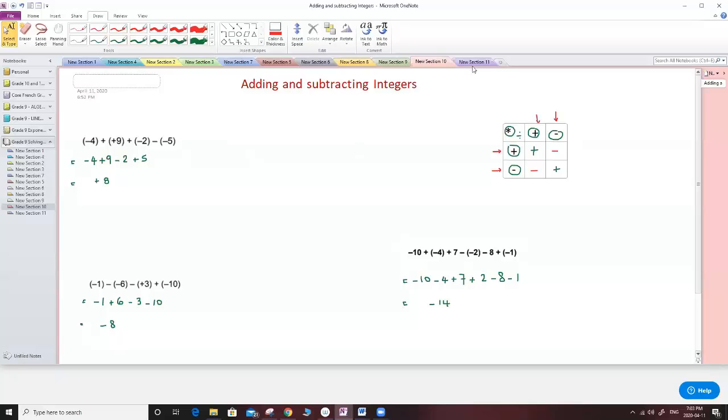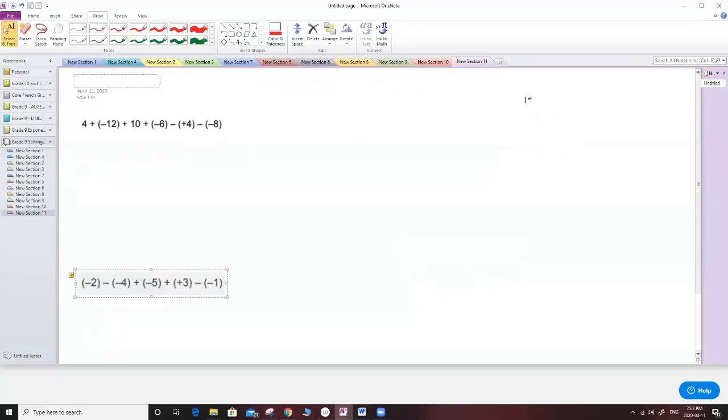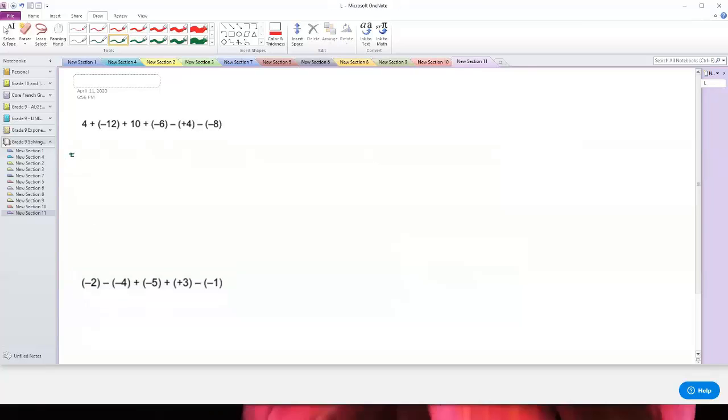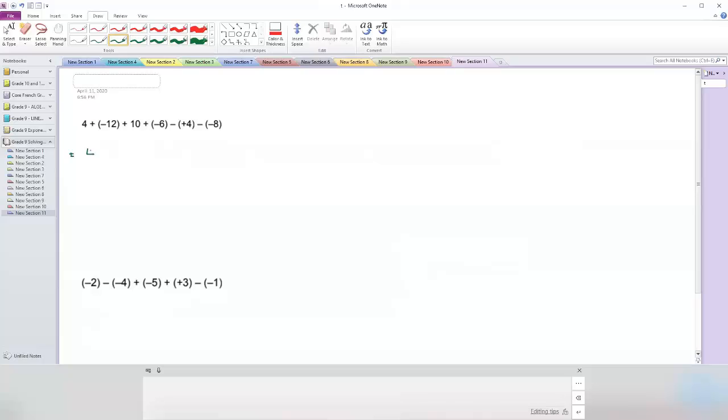Again, I'm going to give you two extra problems that are a little bit longer. Again, the 4 has only a positive sign, so I leave it as this. Positive and negative, again, they are different, so it's going to give me negative 12 from the multiplication table. I have positive 10, I leave it as this. I have positive and negative to eliminate the double sign.